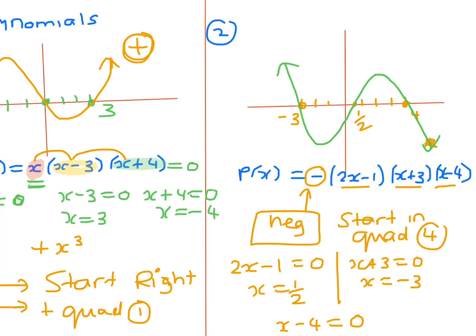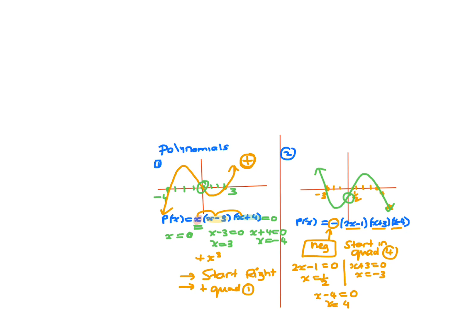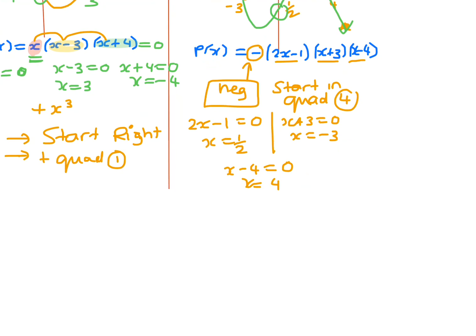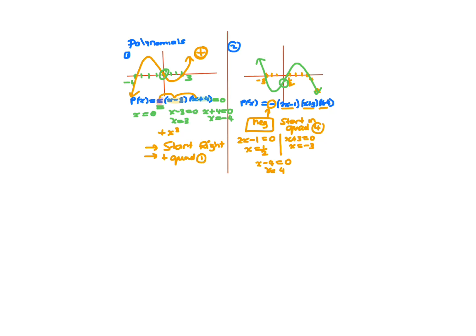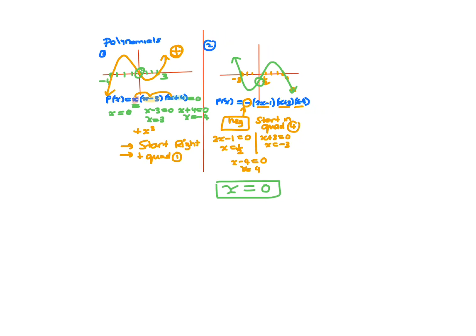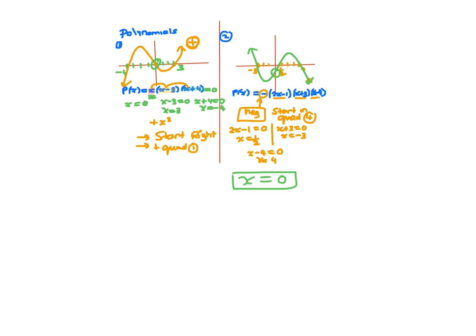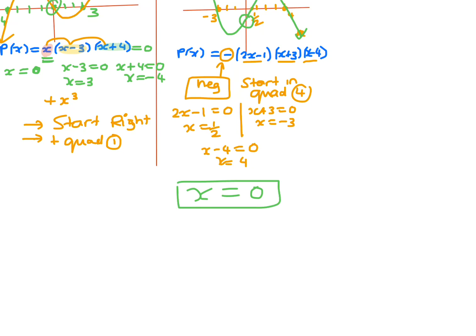Now in both of these, you've got to make sure that you do get the y-intercepts. That one you have. This one, we need to put in x equals 0. So if we put x equals 0 into the equation of that polynomial, p of 0 equals minus 2 times 0 minus 1, 0 plus 3, 0 minus 4.